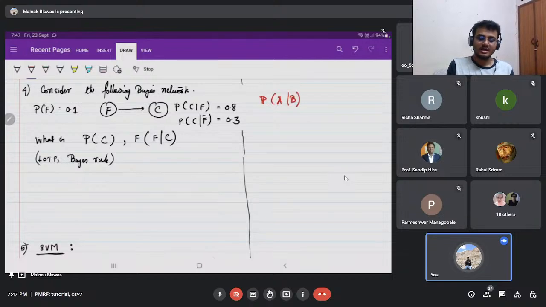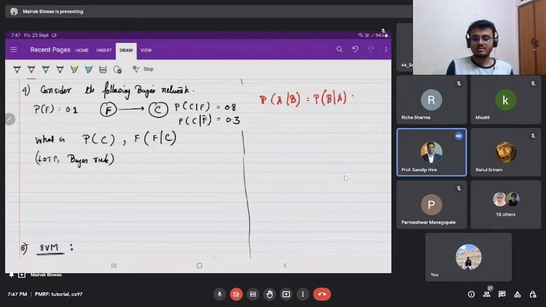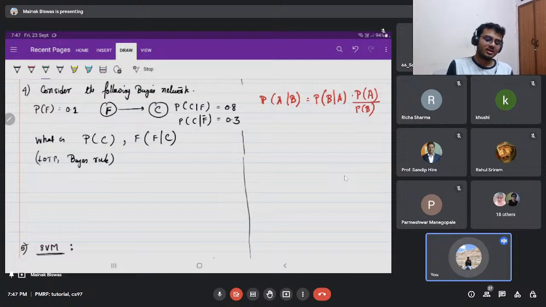Probability of A by B is equal to probability of B by A into probability of A, divided by probability of B. One easy way to remember is whatever is after the "by", it will be just multiplication. See, B by A into A is equal to A by B into B, right?